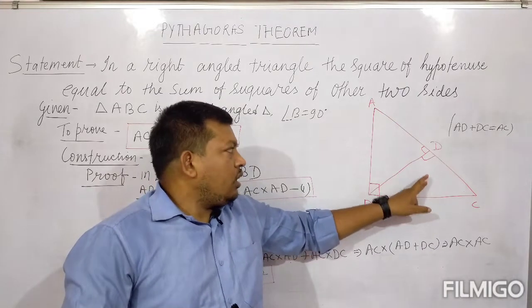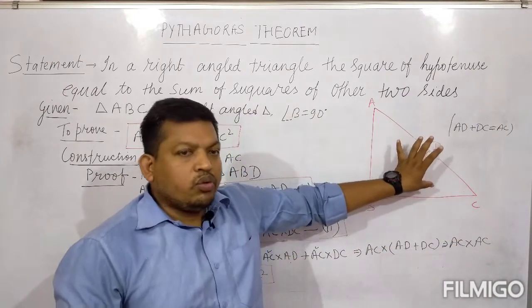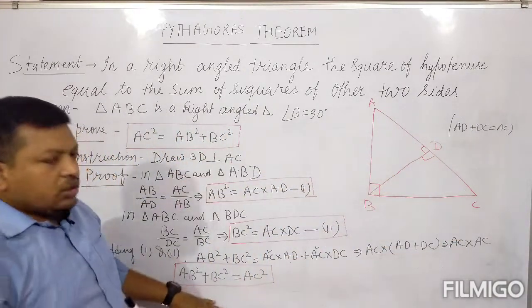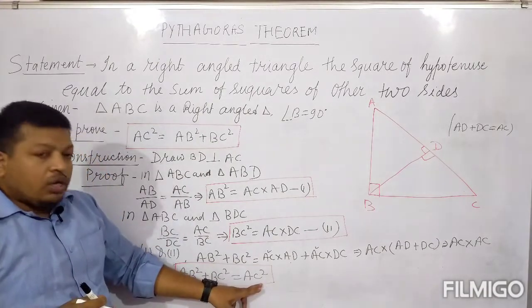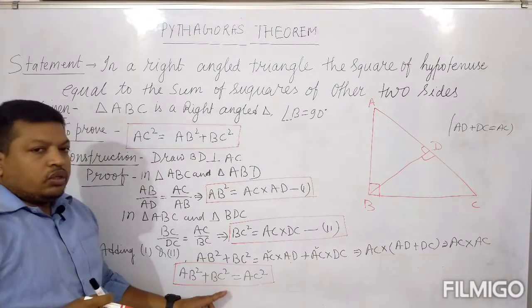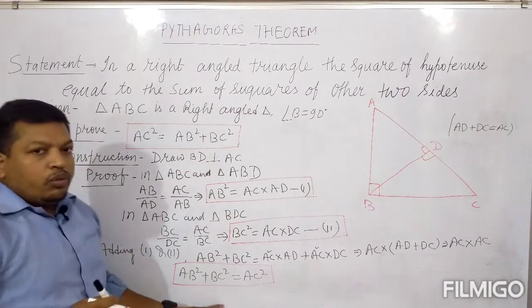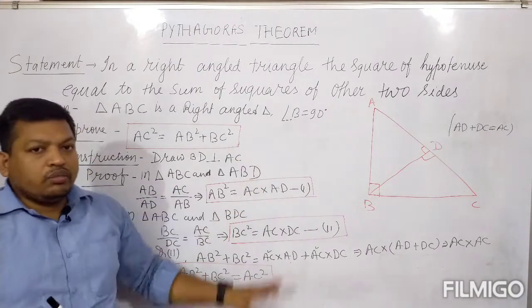Also, the smaller triangles are similar to the big triangle. This is the rule, and we have used it to prove this relation. This is called the Pythagoras theorem, where the square of the hypotenuse is equal to the sum of the squares of the other two sides. Hope you have got how this theorem is proved.